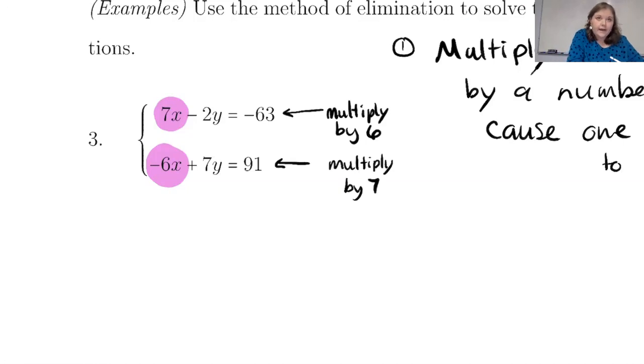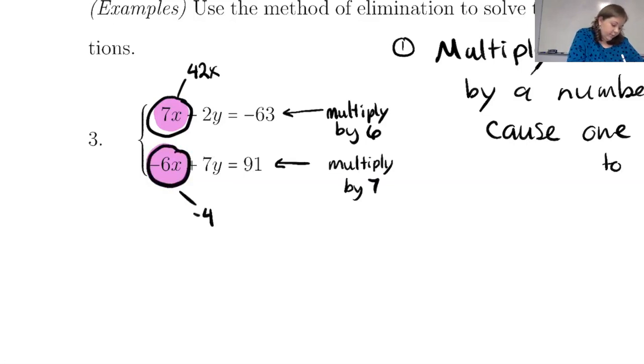And the reason I'm going to do that is multiplying this one by 6 is going to give us a positive 42 in front of our x. And then multiplying this one by a 7 is going to give us a negative 42 in front of our x. And 42 minus 42, that will cancel each other out, and we will end up eliminating that x. So that's what I'm going to do as my first step.